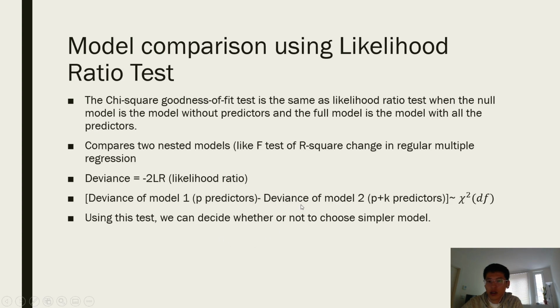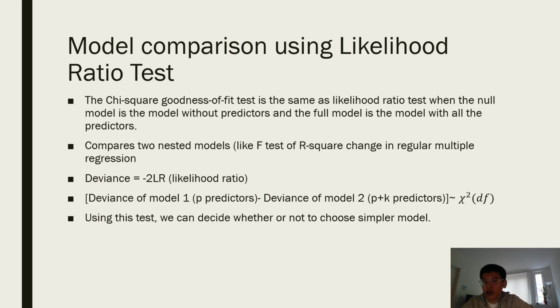Okay, so as we said, besides the AIC or BIC, we can also use the likelihood ratio test. The likelihood ratio test is the same as the chi-square goodness of fit.